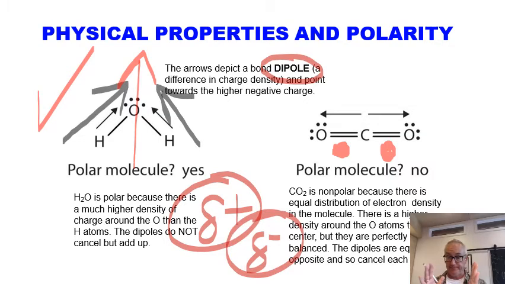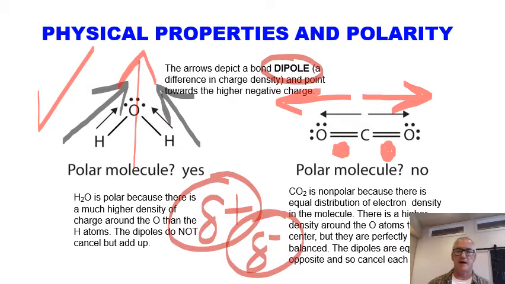You can check the numbers. Oxygen is like 3 and carbon's like 2.1 or something like that. So oxygen's more polar. There's the bond dipole in one direction toward that oxygen. There's the other bond dipole pointing toward the other oxygen.